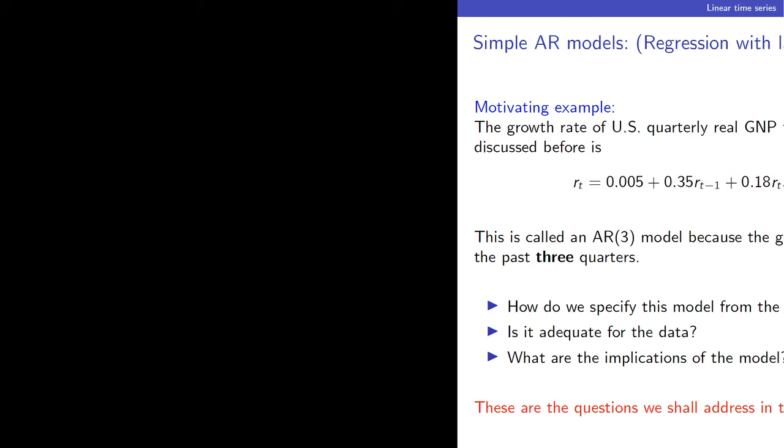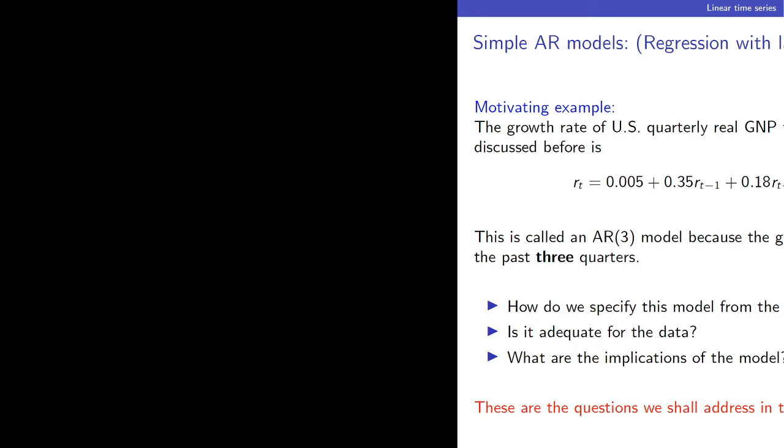For this small example, we'll pick these coefficients, and we're going to make R_t depend on R_{t-1}, R_{t-2}, R_{t-3}, and a shock factor named a_t, from which we know that the variance is 0.01. This model is called AR(3) because the growth rate depends on the growth rates of the past 3 quarters. If we made it depend on 12 quarters, it would be called an AR(12) or whatever.